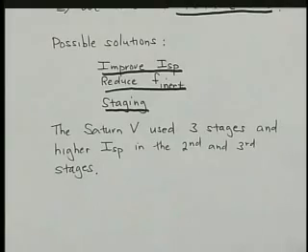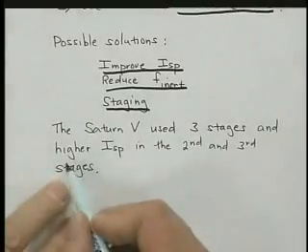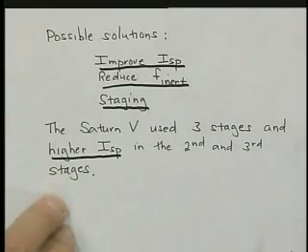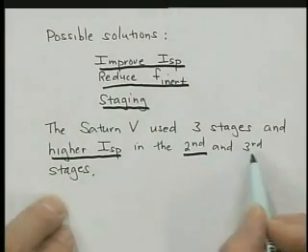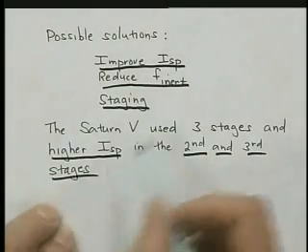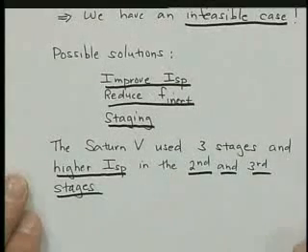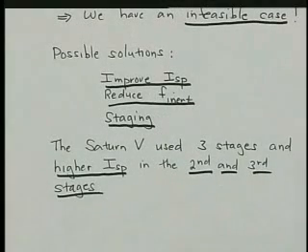The Saturn V used 3 stages and higher ISP by using hydrogen and liquid oxygen in the second and third stages, and had a value of F inert that was a little bit bigger than 0.05. As I said, that was an optimistic value. So that concludes our discussion on the delta V budget.